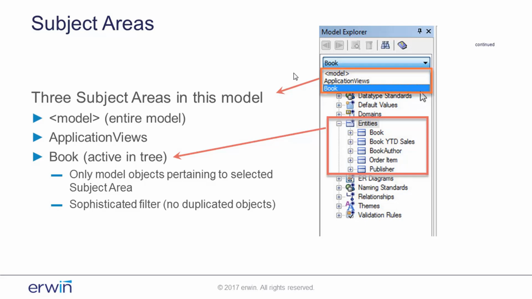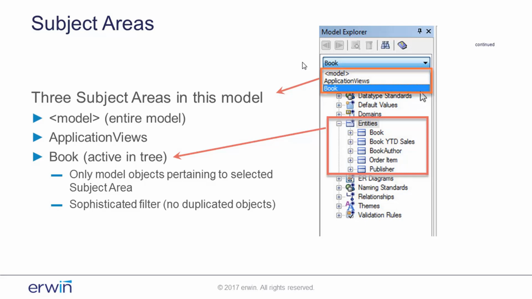We have 3 subject areas in this model. One subject area, called Model with carets around it, includes everything in the model. Then we have a subject area which is a subset. It's called Application Views, and another subject area which is a subset of the whole model. That one's called Book.